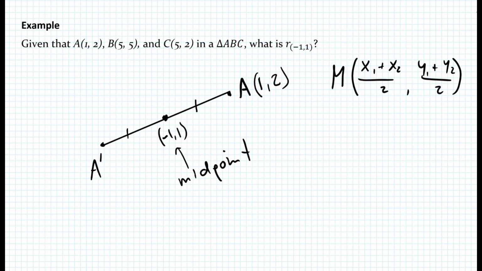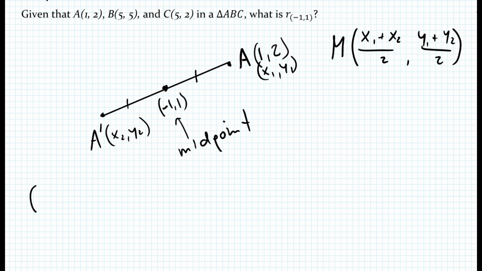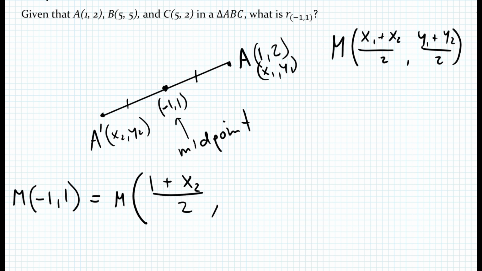So in this case, for example, we can call this (x2, y2), and we know that 1 and 2 are x1, y1, respectively, okay? And we have the midpoint. So what we can do here is say that (-1, 1), the midpoint, is equivalent to ((1 + x2)/2, (2 + y2)/2), okay?